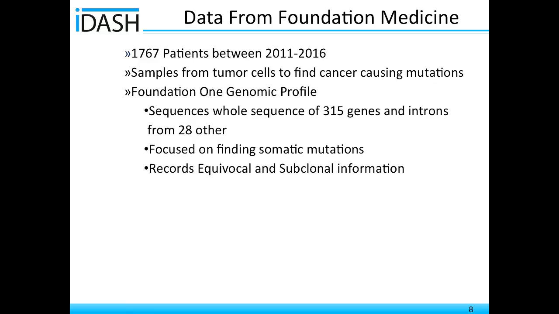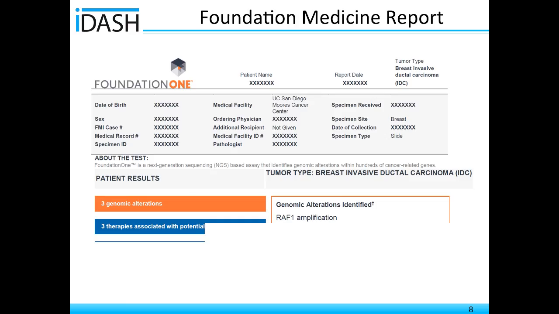And they use the FoundationOne genomic profile, which sequences a whole genome from 350 genes and introns from 28 other ones. It's very important that this is focused on finding somatic mutations rather than germline mutations, where somatic is essentially more likely to be a cause of the tumor. And they also record extra information such as equivocal and subclonal information, which is based off the somatic mutation.